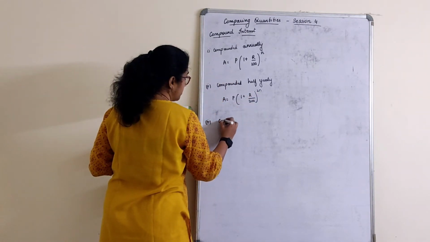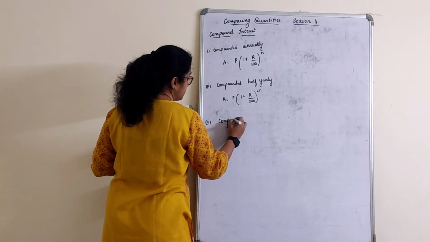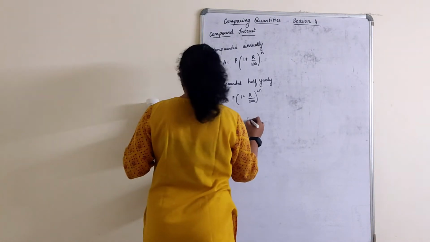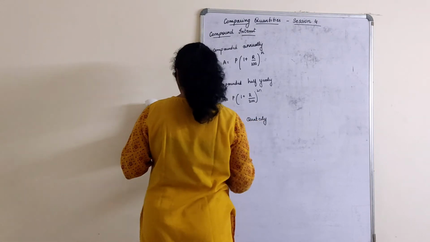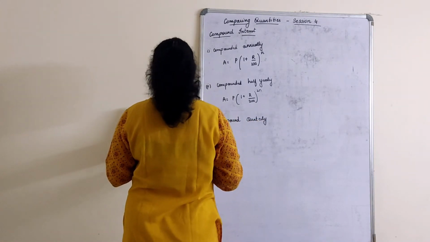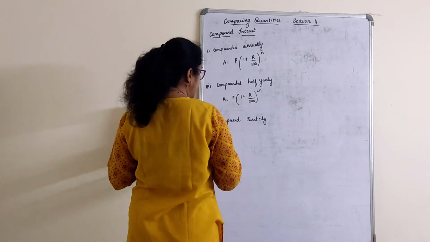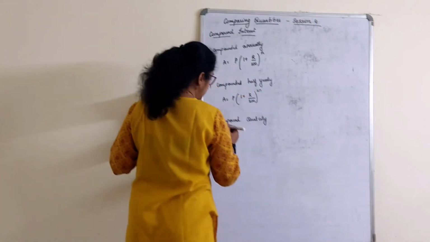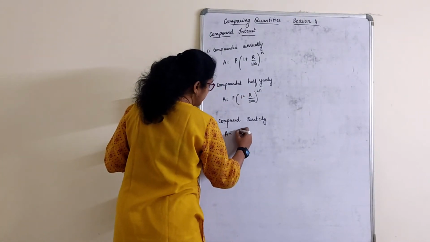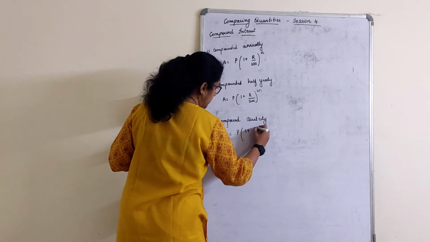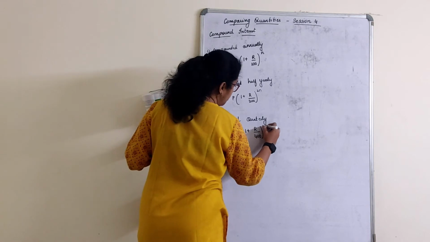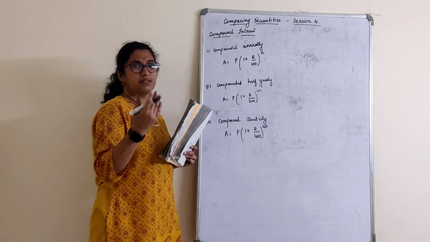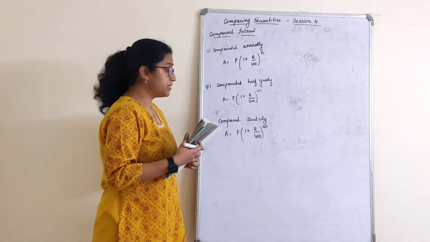Third one, compounded quarterly. Actually quarterly you don't usually have, but if it comes, I'll just give you the formula: A is equal to P times (1 plus R by 400) raised to 4n. Quarterly is by 4 what we do. Just remember this formula.